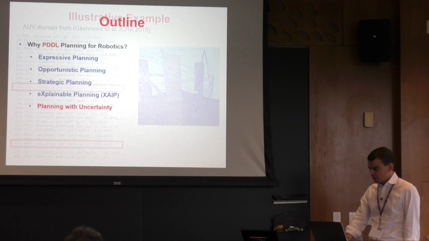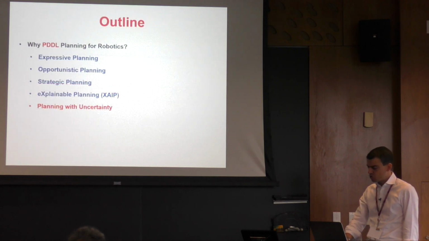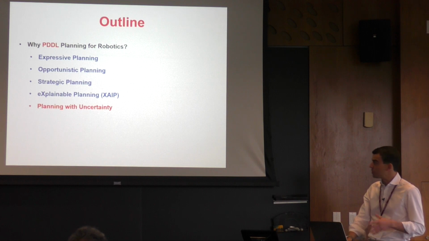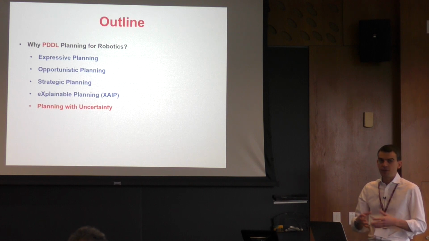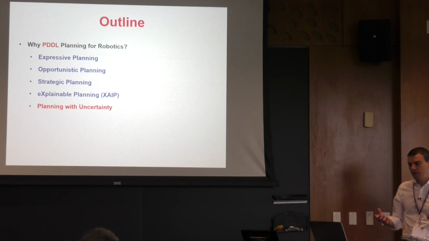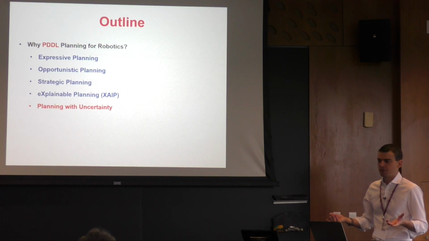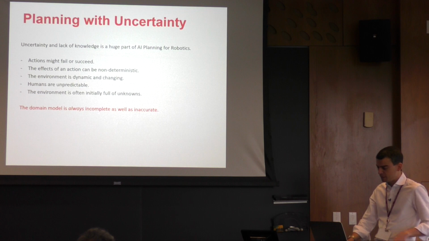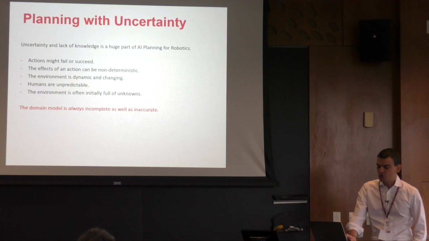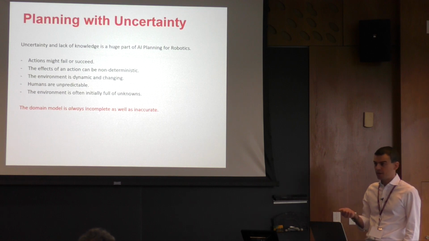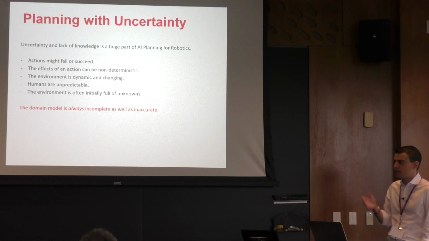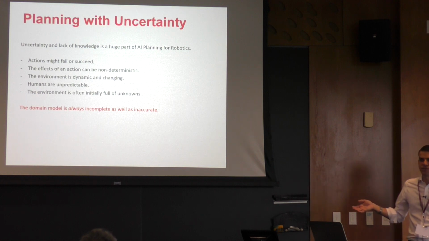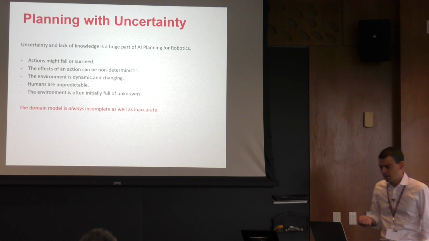Okay, I'm going to finish my part just to introduce another issue with planning, which is planning with uncertainty. Now, even here, planning can handle uncertainty. However, there are a number of assumptions that you need to make. You need to pay attention, right? So, first of all, actions may fail or succeed, so you cannot assume that everything will be successful in the execution of your plan.